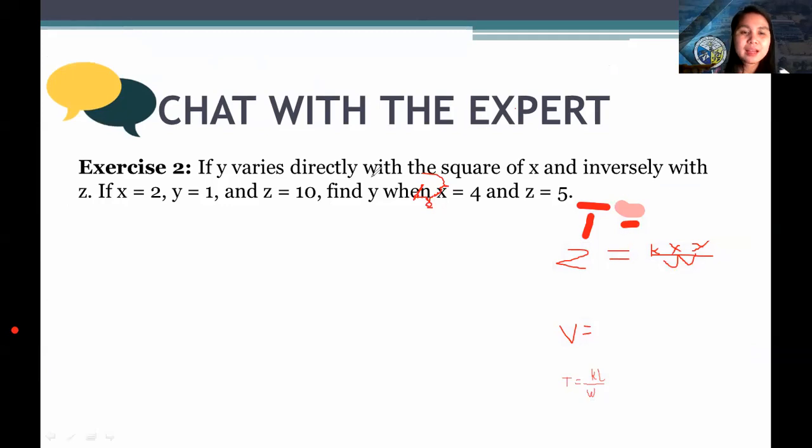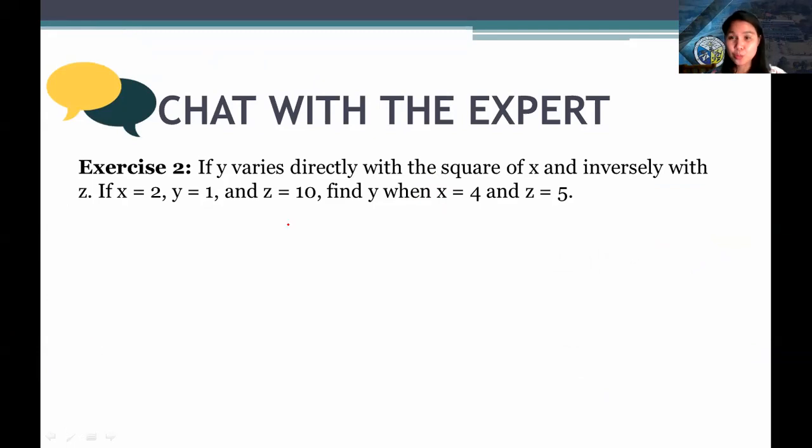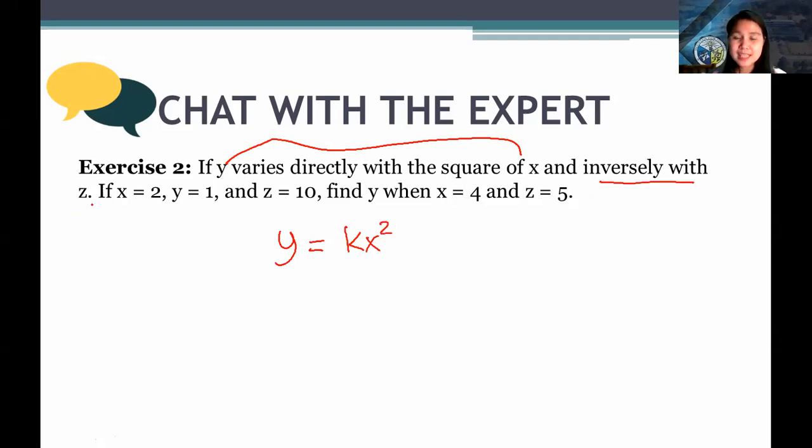Now, if y varies directly as the square of x and inversely with z, the first thing to do is write it as a mathematical equation. So we say y varies directly with the square of x, so y equals kx squared, and inversely with z, over z.